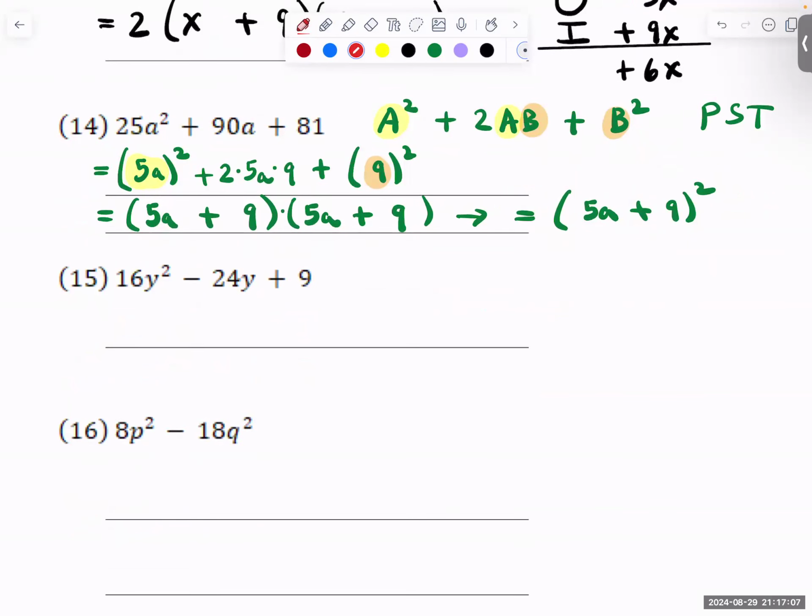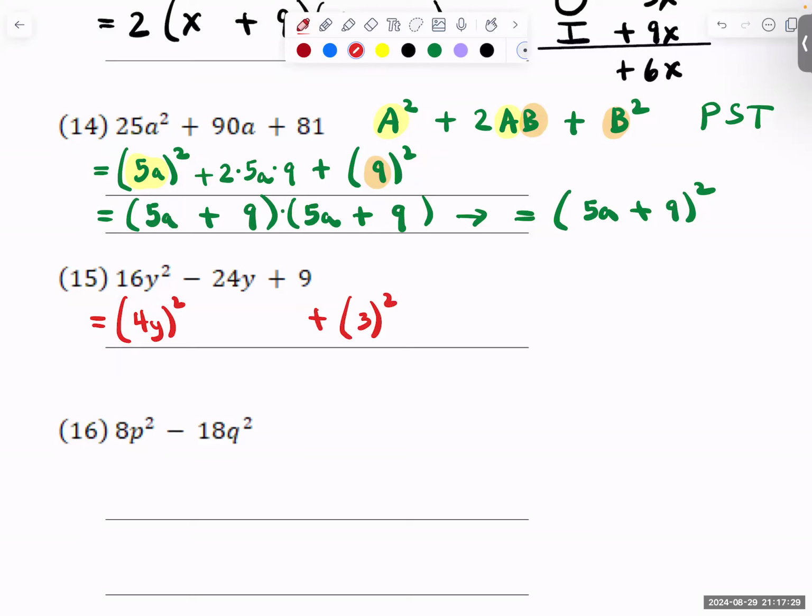Number 15. Now note that the first term is a perfect square, the square of 4y, and 9 is the square of 3. The middle term has a minus, so that reminds us of the formula having minus 2 as a factor.